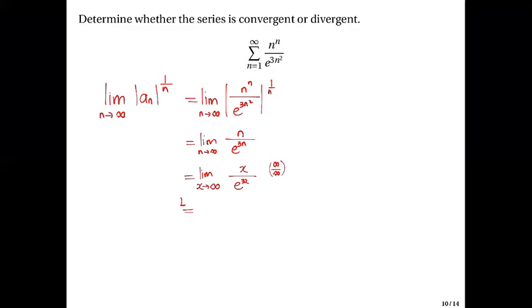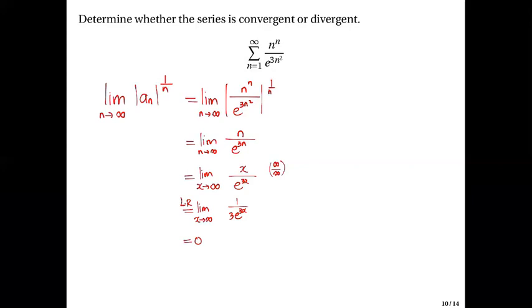So, we can use L'Hopital's rule. And now we have the limit as x approaches plus infinity. In the numerator, we just have 1. While on the denominator, we have 3e to the 3x. And this goes to 0. Or the limit is equal to 0.